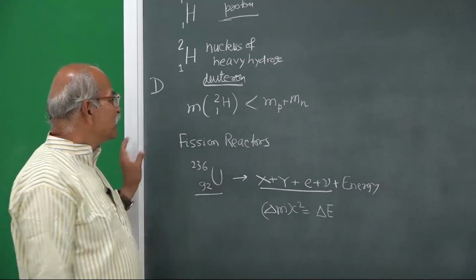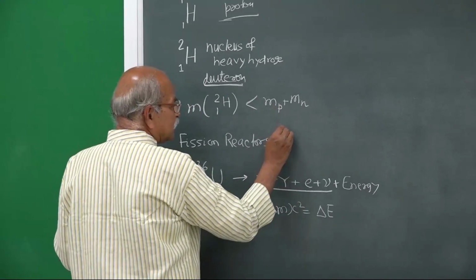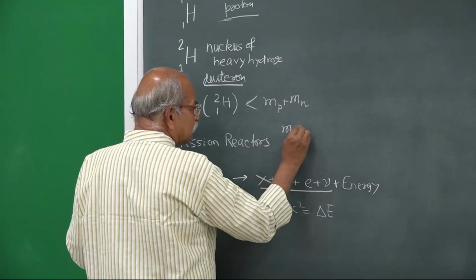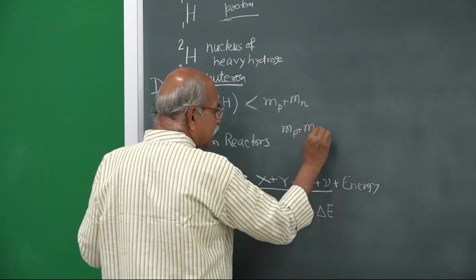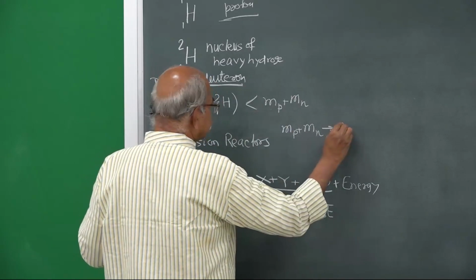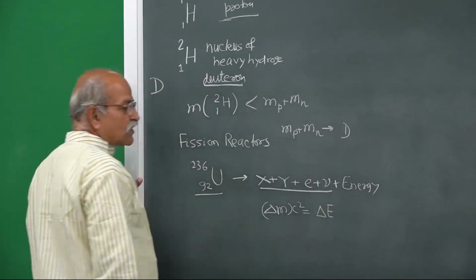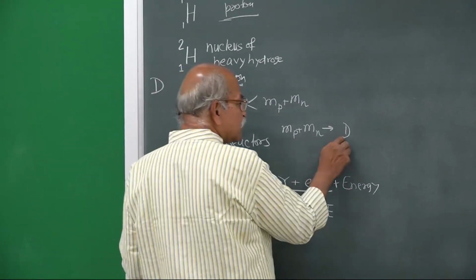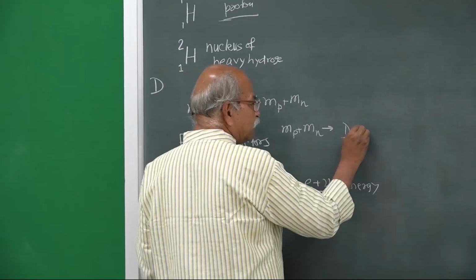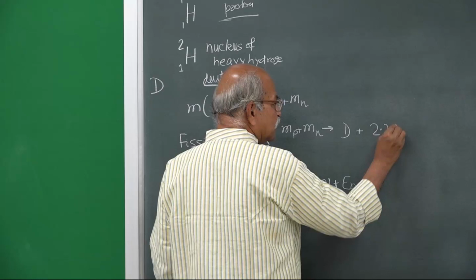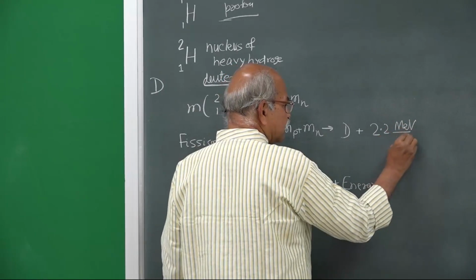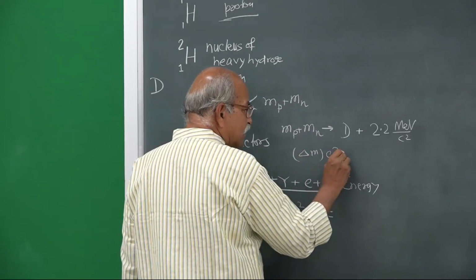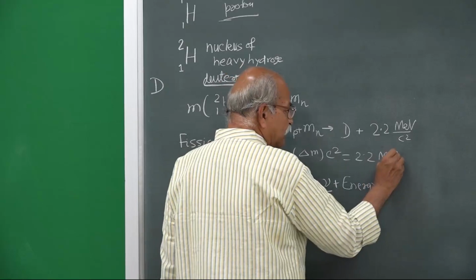In the deuteron problem, if you make a deuteron, what do you get? You start with a proton and a neutron and then combine them to make this deuteron D. Some energy is available because this rest mass is small and that rest mass is more, and therefore it gives me something like 2.2 MeV divided by c square. So, this delta m times c square is that 2.2 MeV.